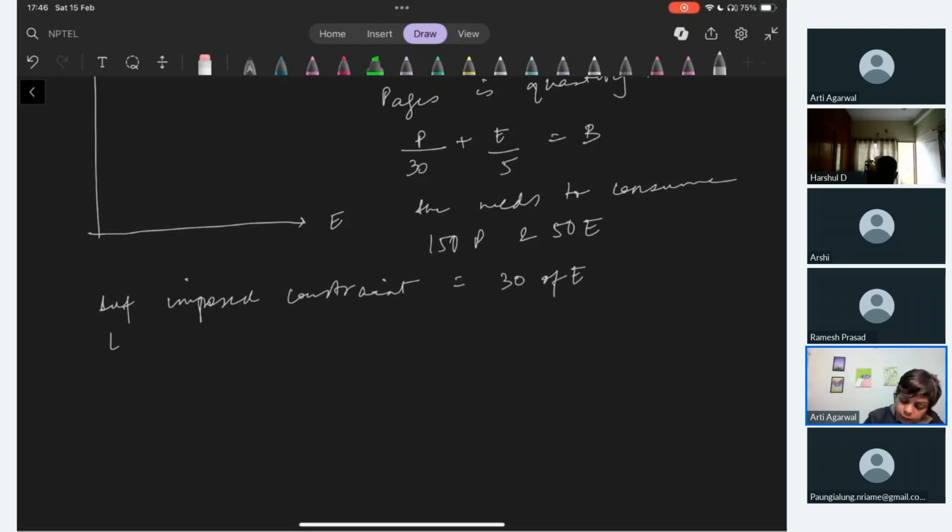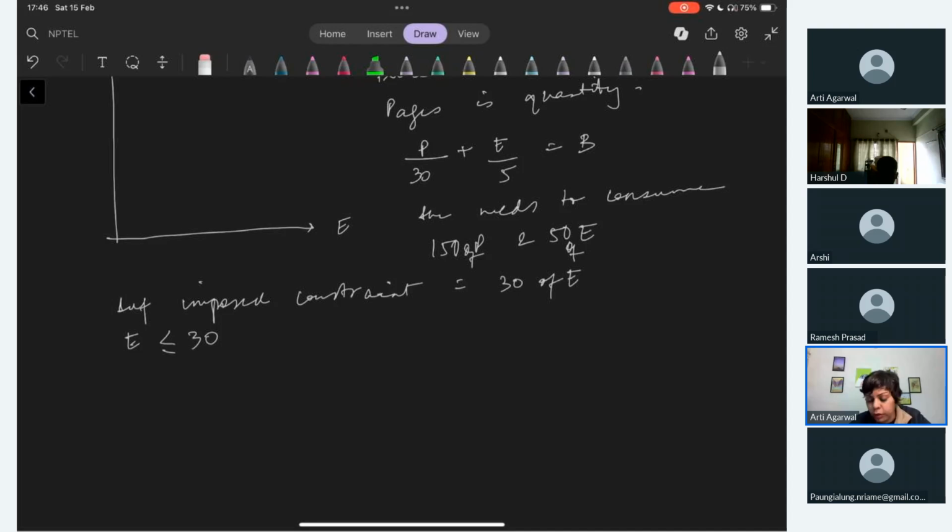So E is less than or equal to 30. I don't really know how to write this better in notation terms, but I hope you can understand what I mean by this.